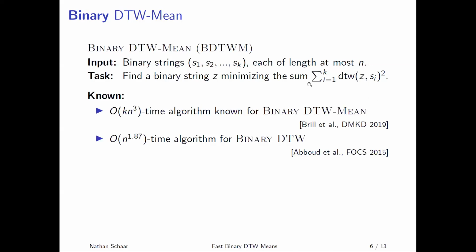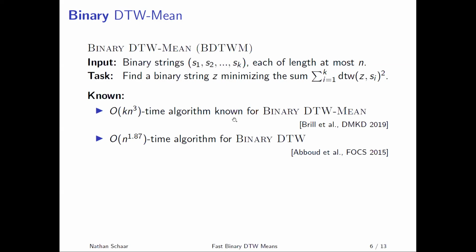About this problem, we already know that it is polynomial time solvable in k times n to the 3. And for the binary dynamic time warping distance, we also know that it is solvable in subquadratic time, n to the 1.87.